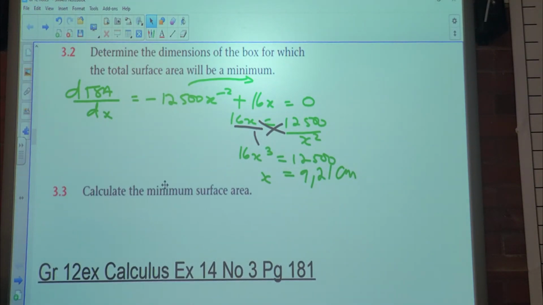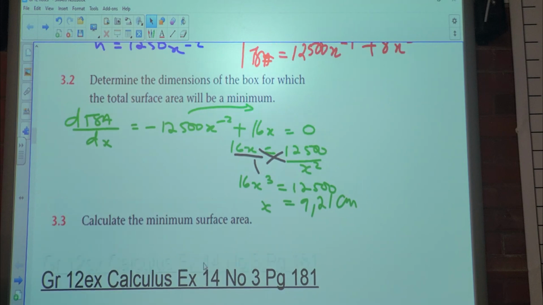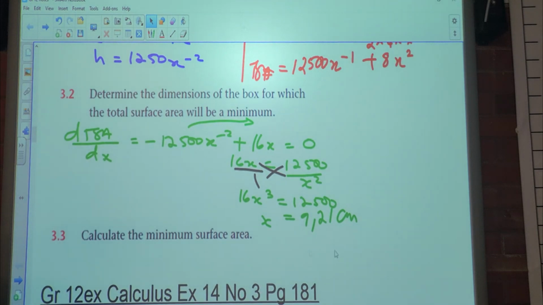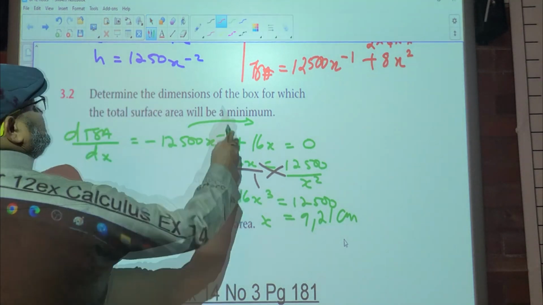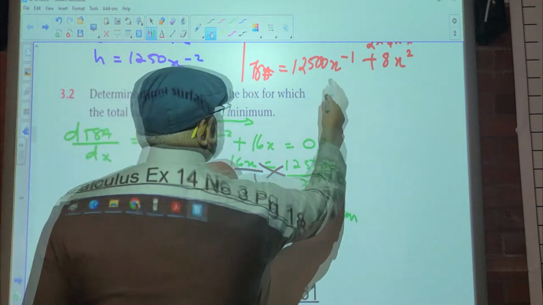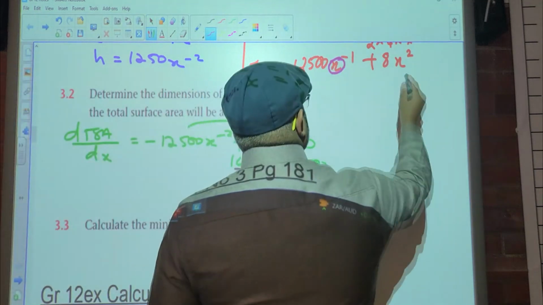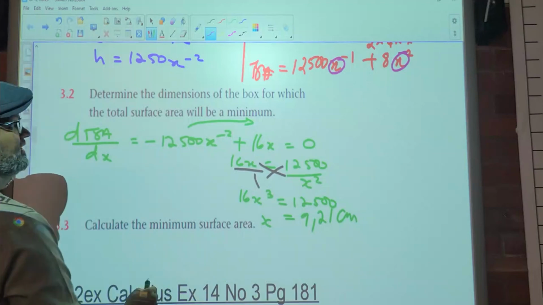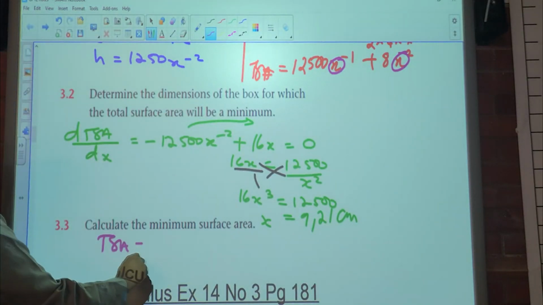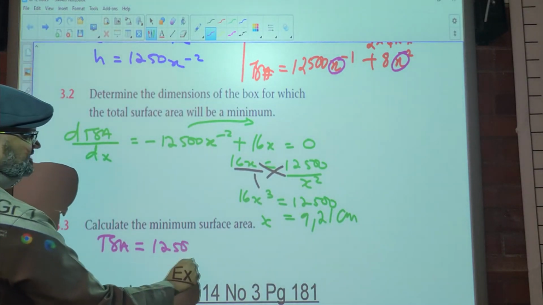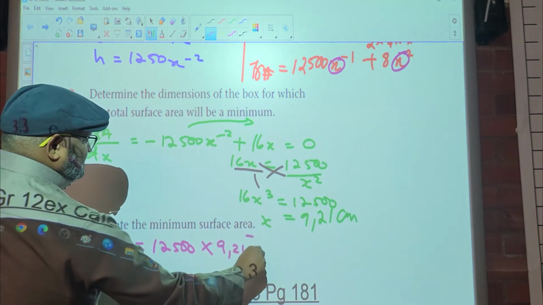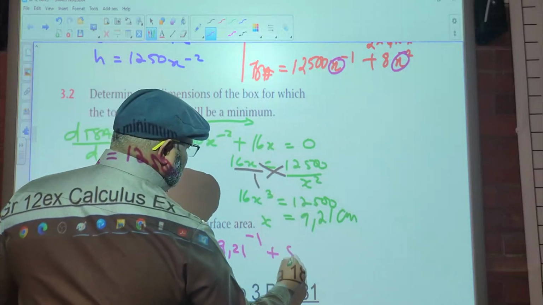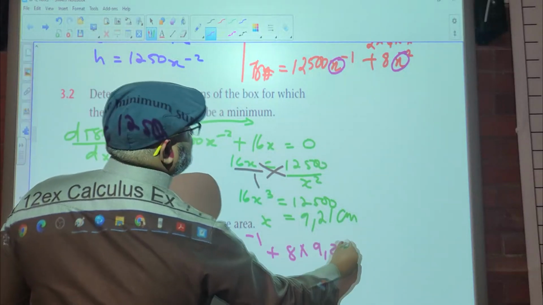Then it says calculate the minimum surface area. The minimum surface area will occur at the minimum value of x here, not so? So to work out the minimum surface area, wherever I see an x, I substitute with 9,21. So the total surface area is going to be 12,500 times 9,21 to the negative 1 plus 8 times 9,21 squared.